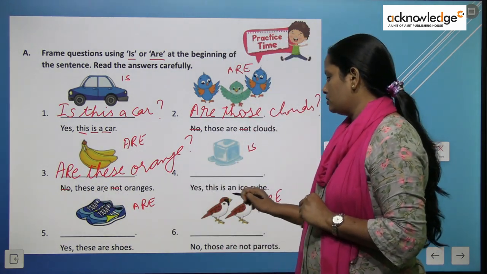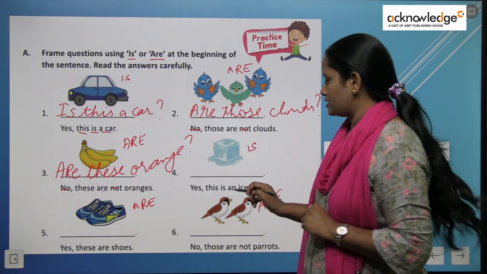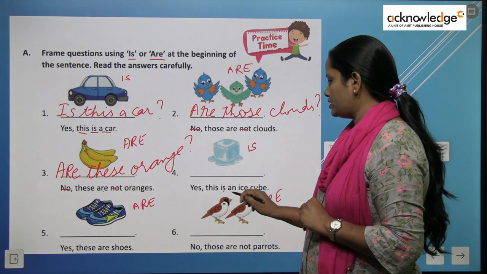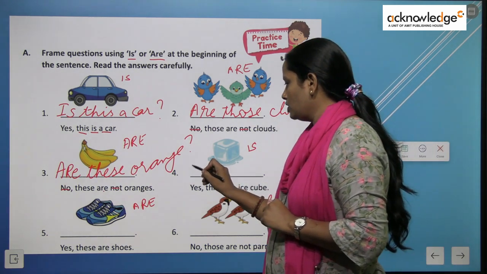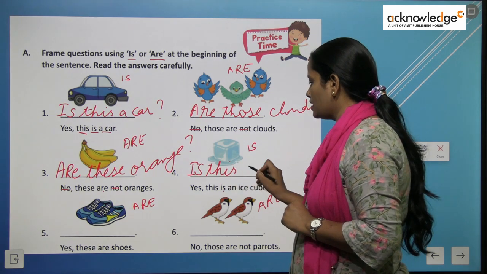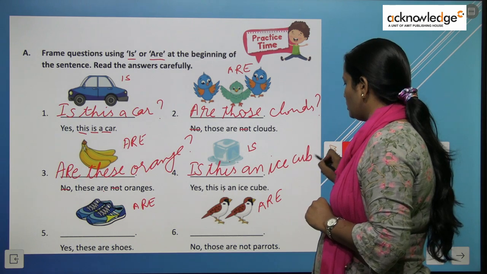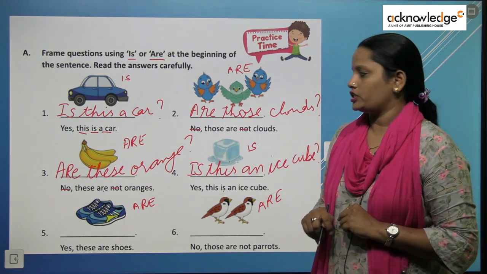Okay. Again we have to frame our question with is. Is this an ice cube? So write down the question. Is this an ice cube? And put a question mark.